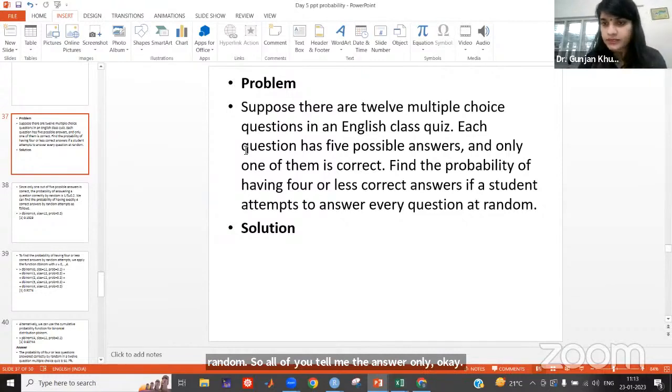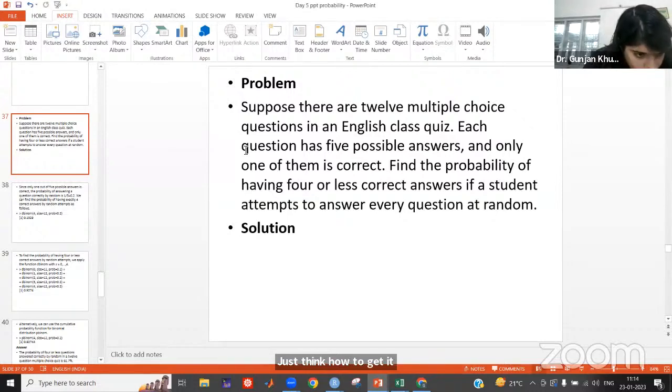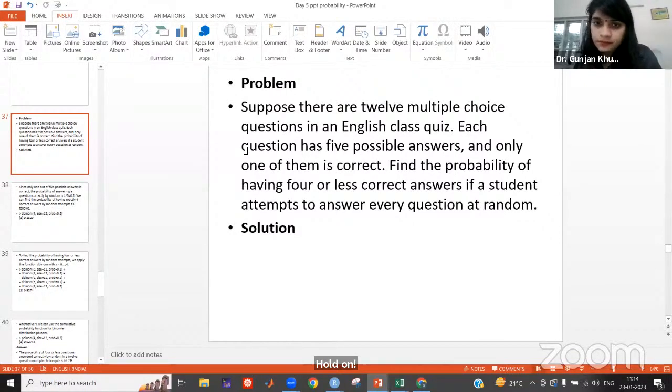Just think how to get it. And while doing this question, please verify your answer on your own through 2 functions, the cumulative one and the density one, both the functions, the mass function, okay?